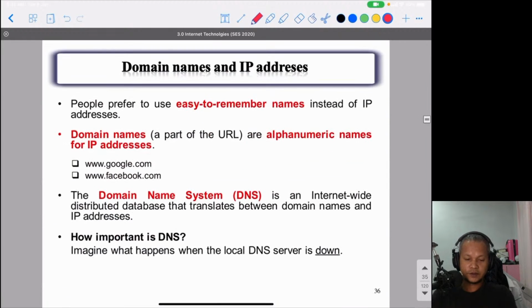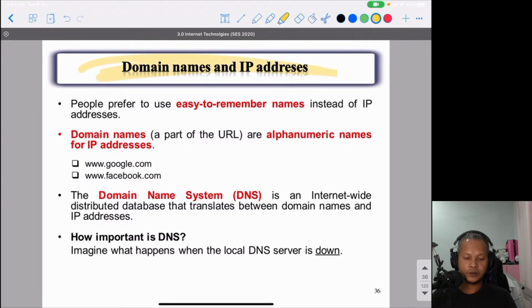Okay, IPv6. And then the other thing in this topic is domain name. Very important. You need to know domain name and IP address, what is different and similar, and how these two things are related, very related.